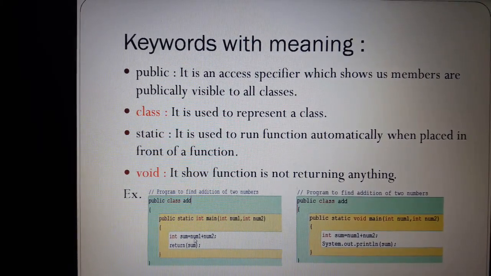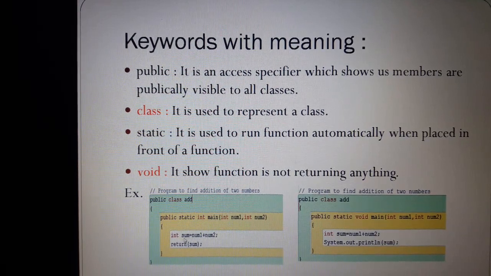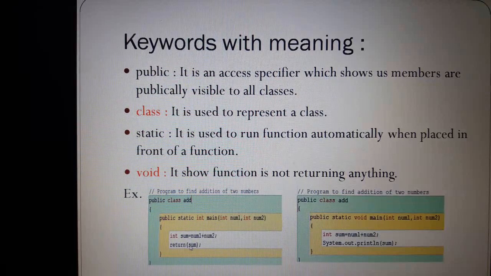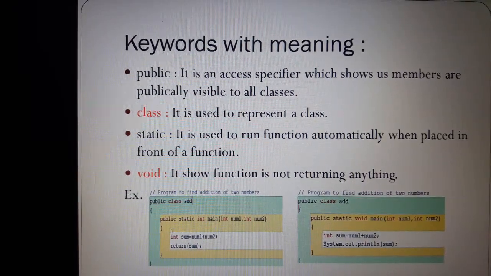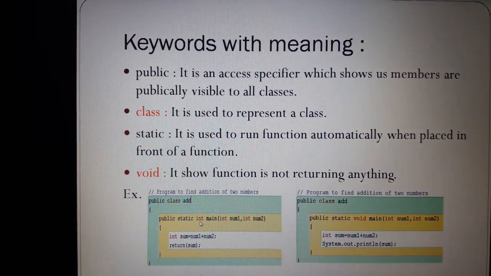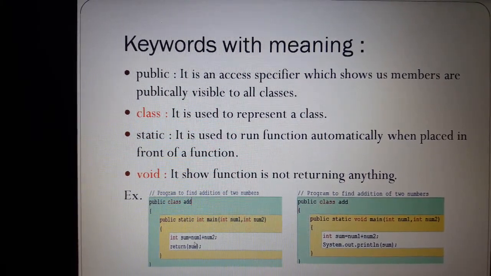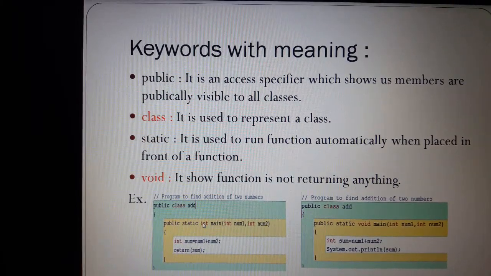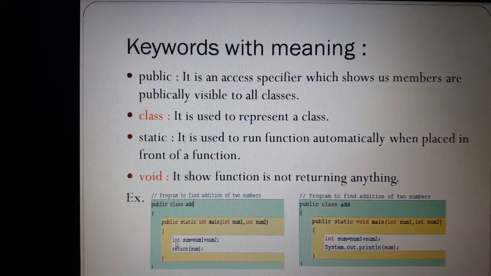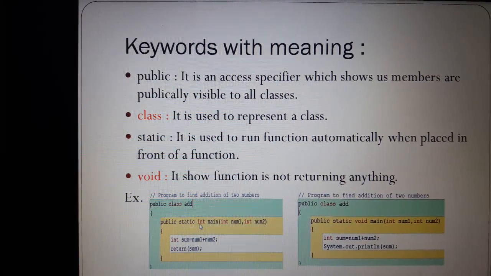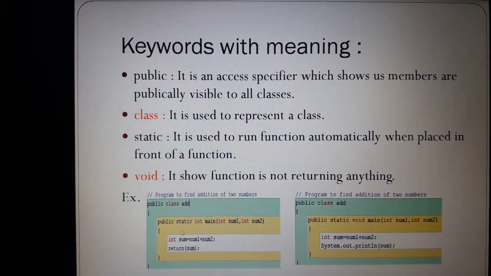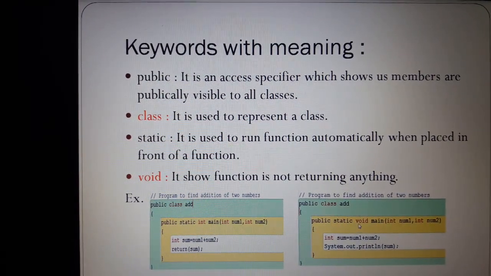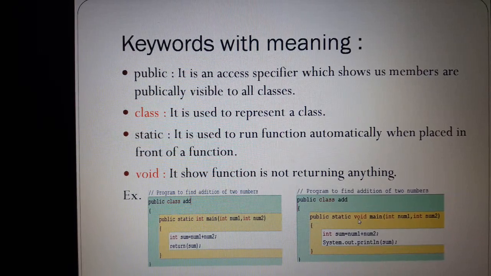Both the inputs are added and stored in a variable known as sum, and then the answer of sum should be returned. That's why I place int here, because the data type of sum is int. If the data type of sum is float, then I have to place float here. If we don't want to return anything, then we have to write void in place of the data type.